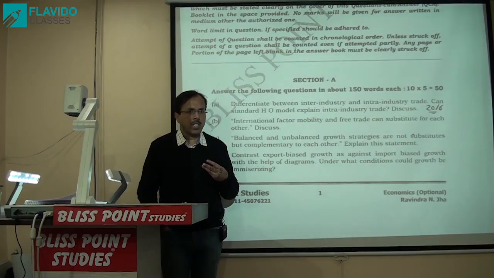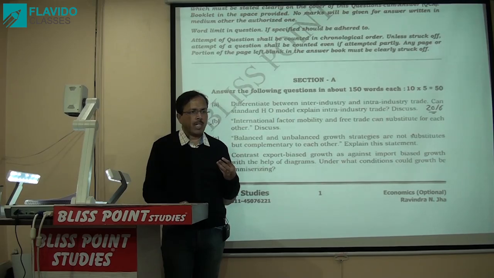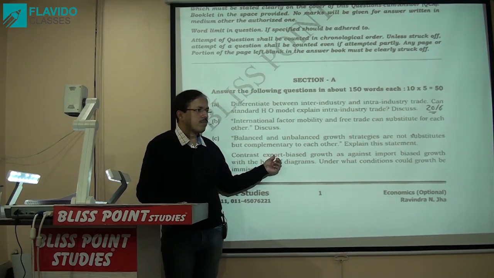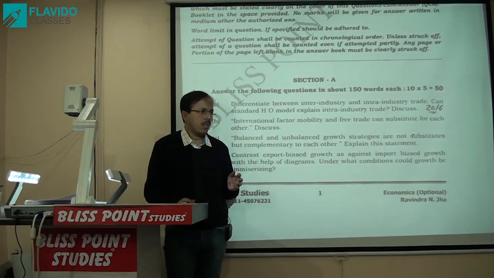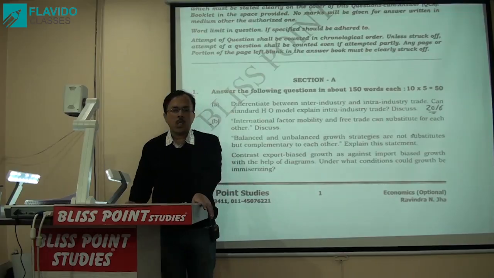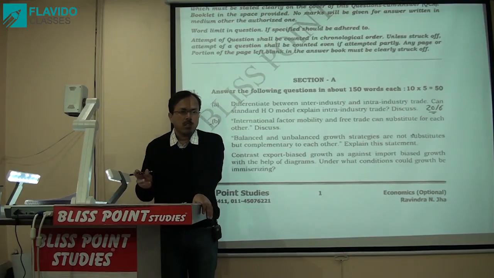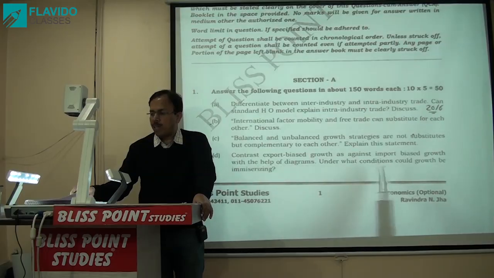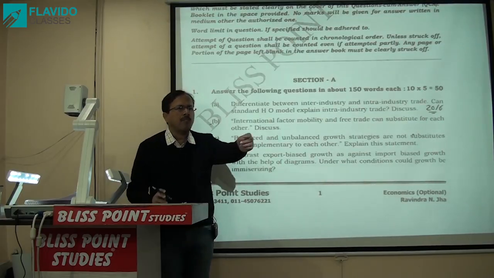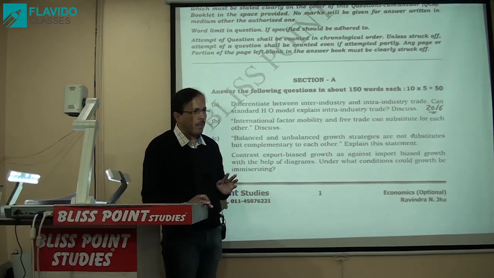But if technological change occurs in such a way that it increases the productivity more of that factor which is used in the export sector, then it will be referred to as export bias growth. And if technological change increases the productivity more of that factor which is used intensively in the import sector, then it is import bias growth. First of all, you have to be clear between export and import bias growth, and then you can give this common example.